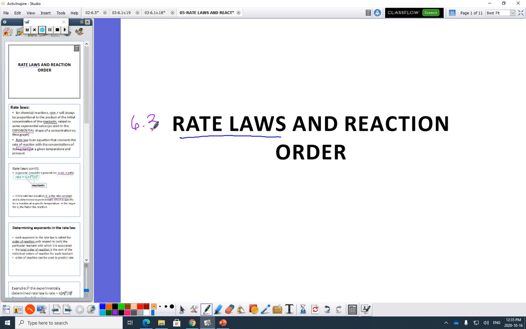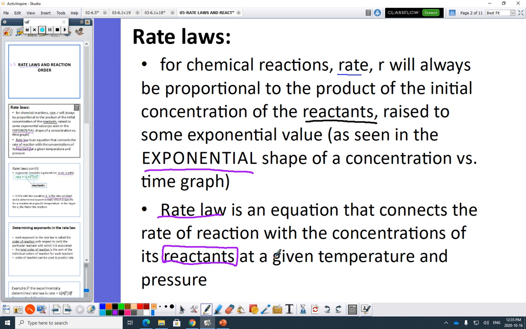So when we have a rate law, we're going to be looking at how the rate is affected by the reactants only, which makes sense. It's easy to know as a scientist how much reactant you're putting in. It is an exponential shape, which we just saw.